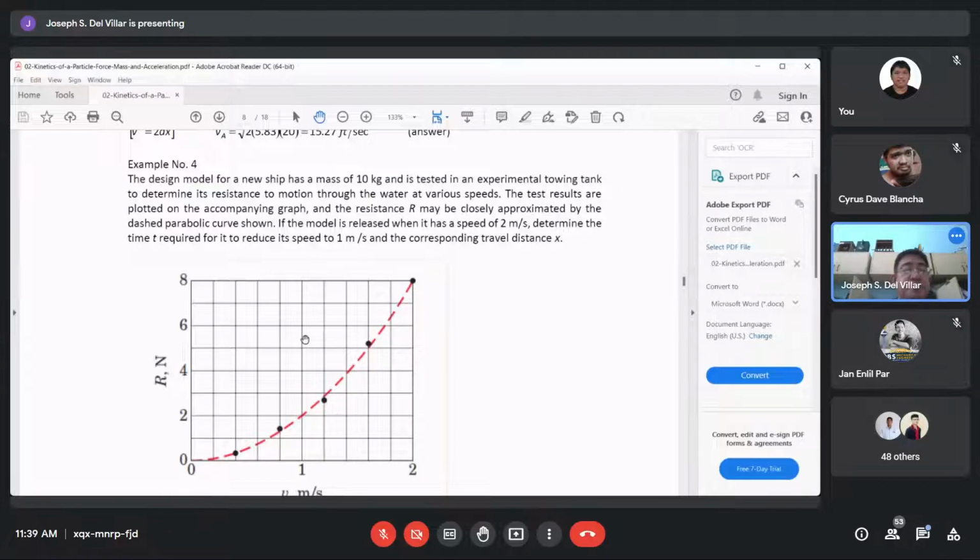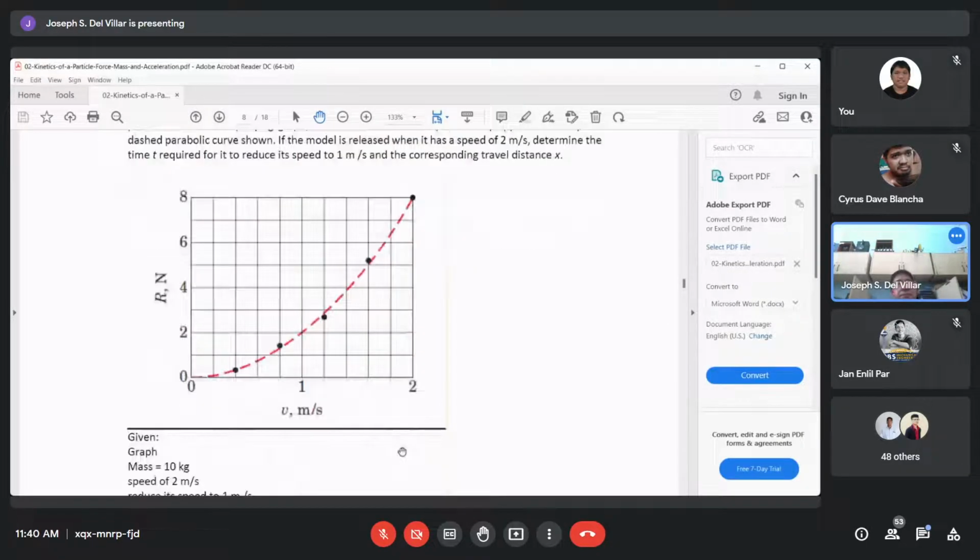If the model is released when it has a speed of 2 meters per second, determine the time t required for it to reduce its speed to 1 meter per second and the corresponding travel distance x.